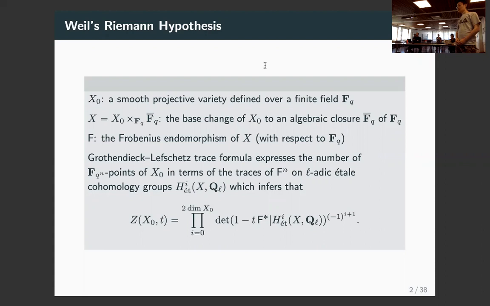So this can be used to show that the zeta function of this variety is equal to this product, the product of the determinants of this Frobenius action, with alternating sign here.